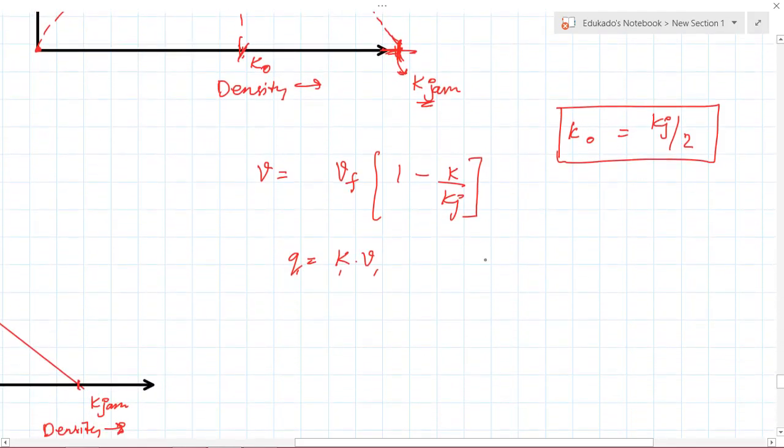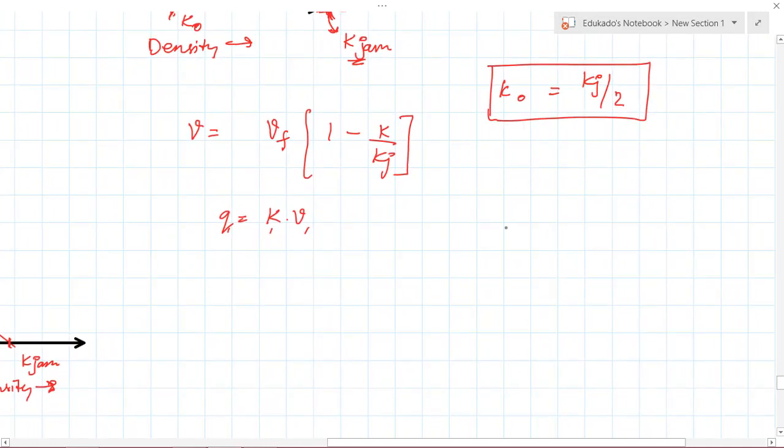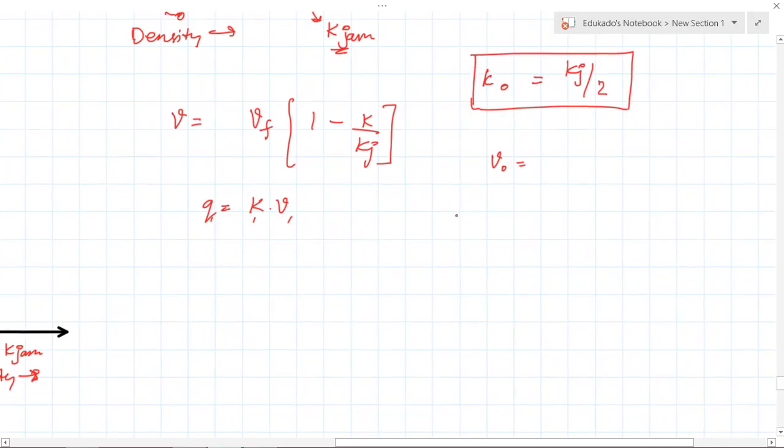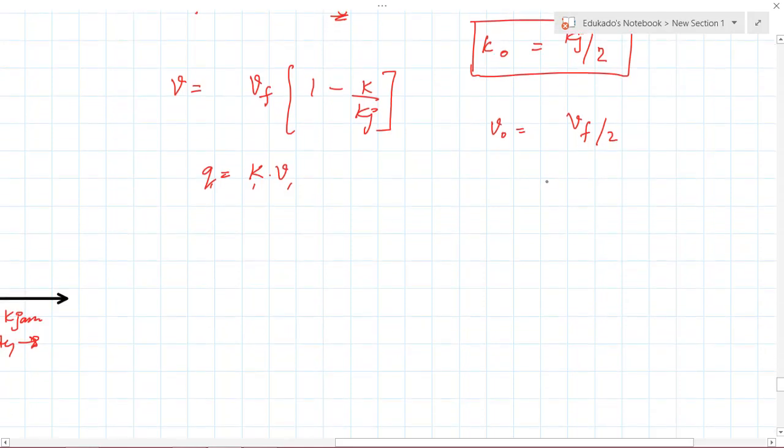So if I say speed V naught is equal to free flow speed by 2, everything becomes half if you go to the center point.